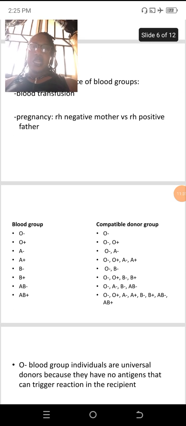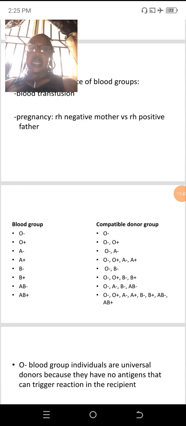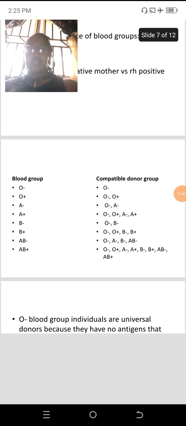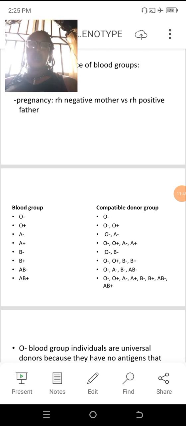So now let's look at the different blood groups that are available and the different groups that can donate blood for them. For O negative individuals, they can only receive blood from O negative donors.